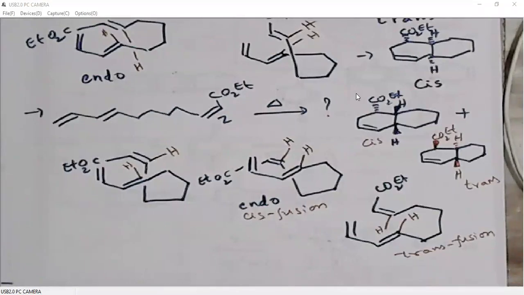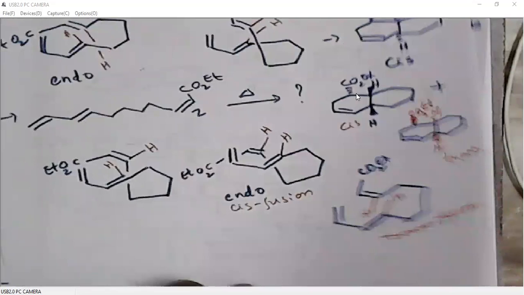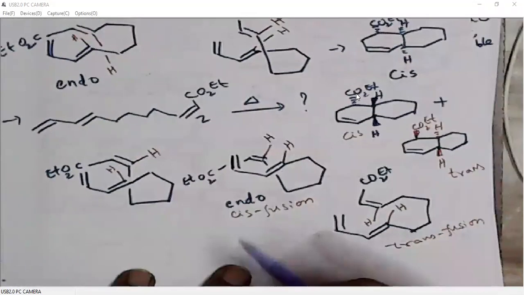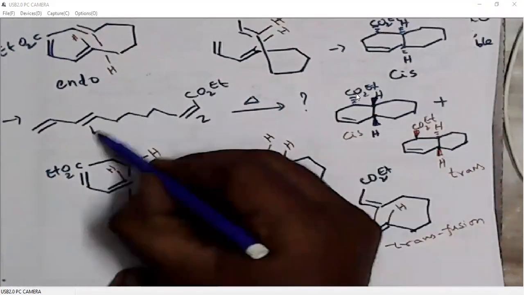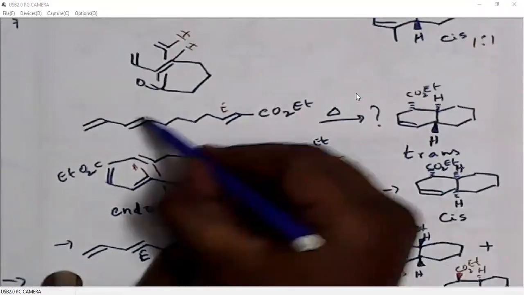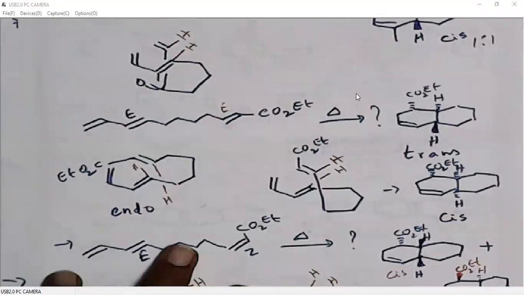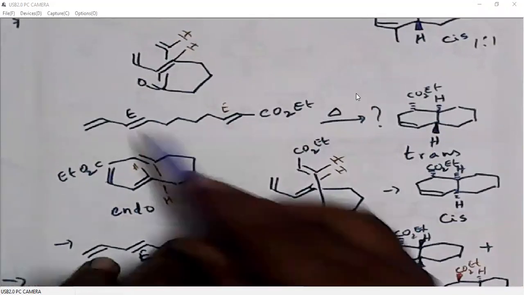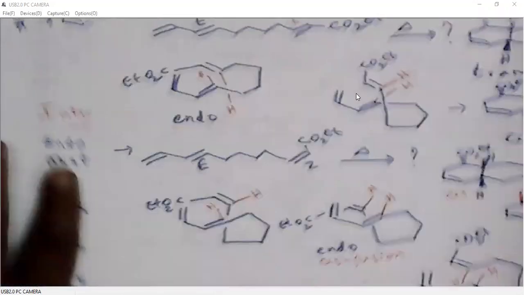Now we will purely look at the endo products. In endo products also there are two possibilities. I will discuss them now. Here you can see this is a Z double bond, this is an E double bond. And similarly in the above example, this is an E double bond, this is again an E double bond. We need to remember these configurations also, they are very important.